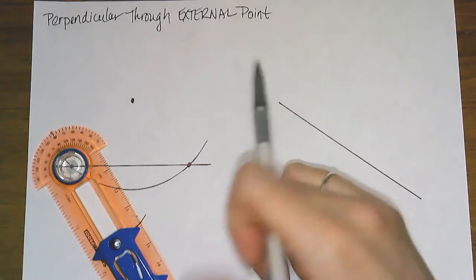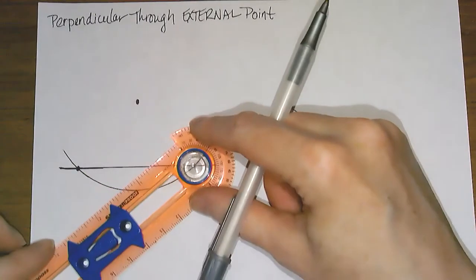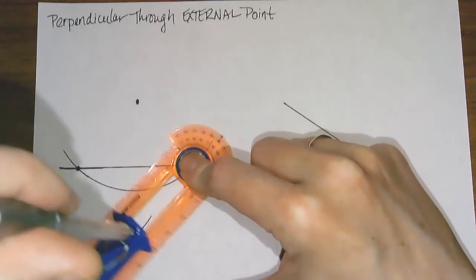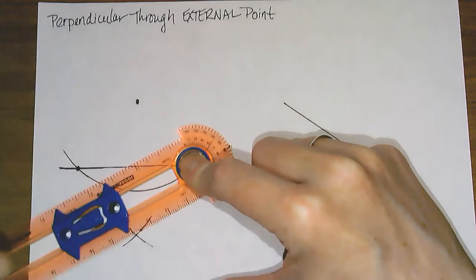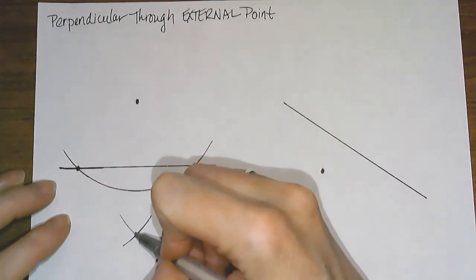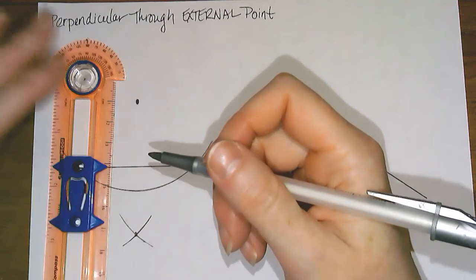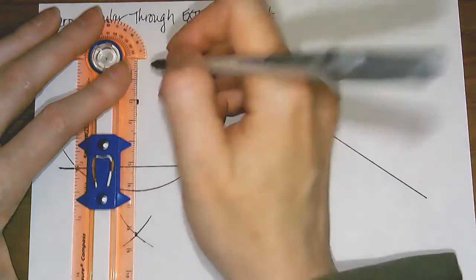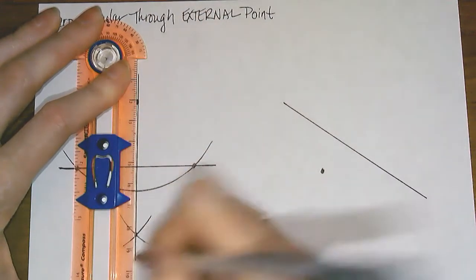Don't change the width. Move it over to the other side. Anchor it down. Draw your arc. Again, your goal is to hit that first arc you just drew. X marks the spot. So then if you connect those 2 points, we should have a perfect perpendicular line going through that top point. And there we go.